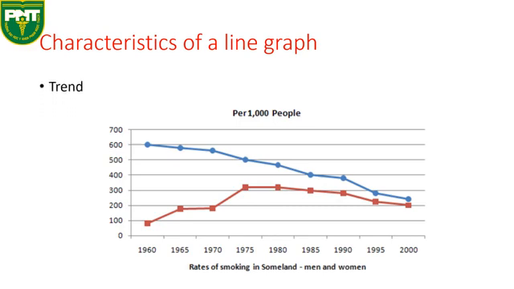A line graph always shows the trend of something over some time. For example, in this line graph, we compare only 2 categories between male and female over 40 years time, right?